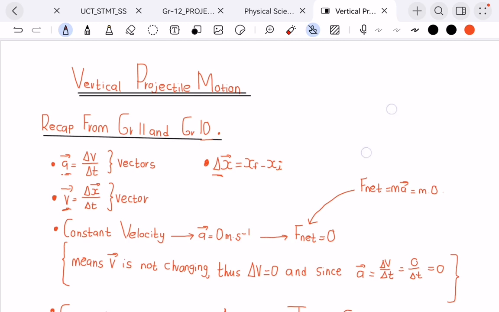In that case, let's say initially I was traveling at 10 meters per second. This is my t0, and then my final velocity, now I'm traveling at 20 meters per second, right? After, let's say, 1 second, so t is equal to 1. So therefore my acceleration in this case is going to be a change in v, which is v final minus v initial.